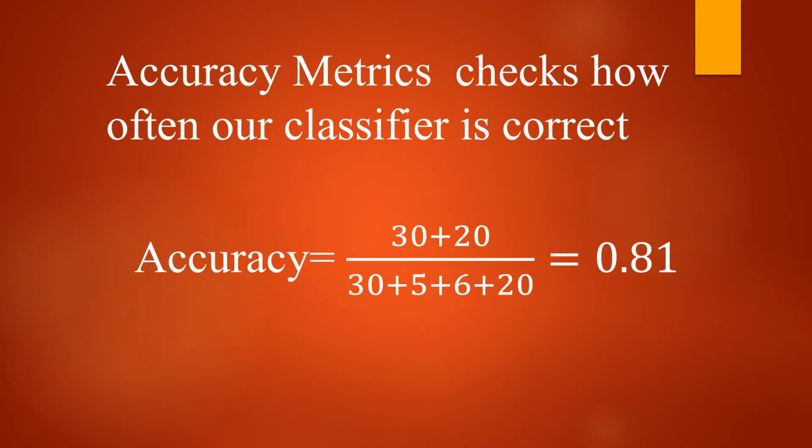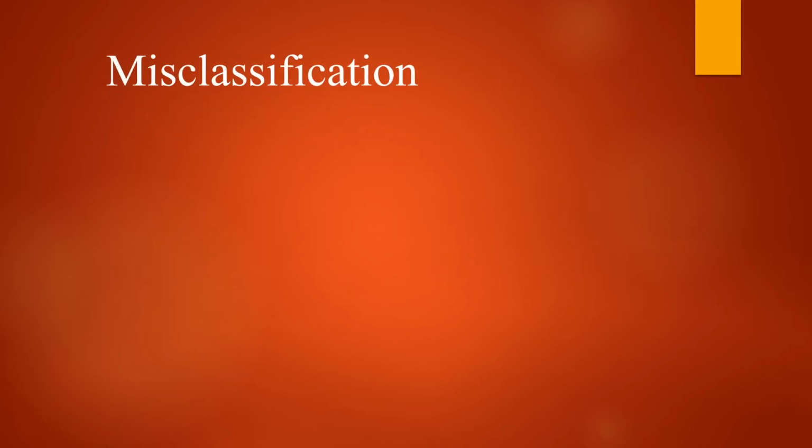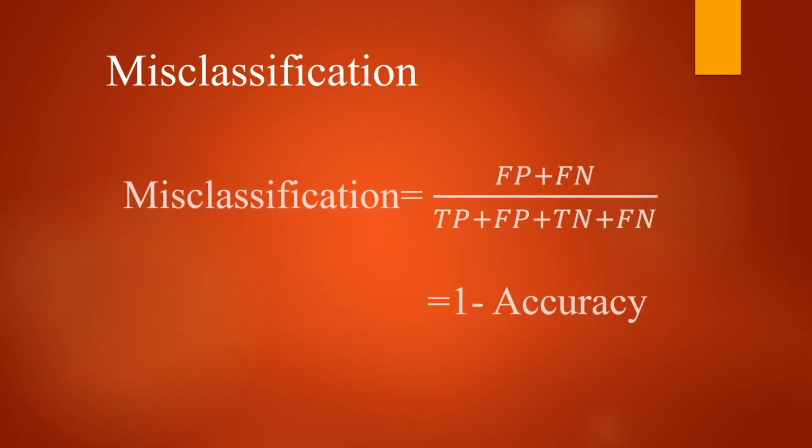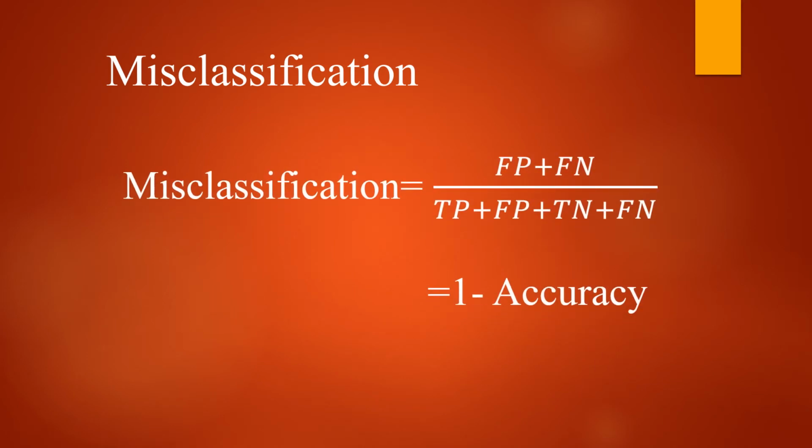Now let's learn about another matrix. It's the misclassification. As the name suggests, it identifies how many times our model has misclassified the person with diabetes. Misclassification is given by the following formula. FP, that is false positive plus false negative upon true positive plus false positive plus true negative plus false negative. It is nothing but 1 minus accuracy.